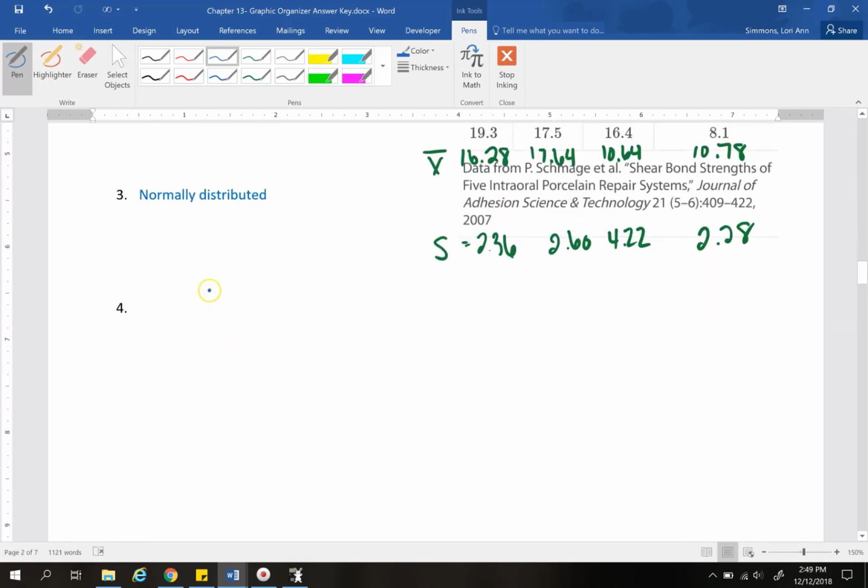And then step 4. Step 4 was stating that the largest sample standard deviation, which is 4.22, is no more, so less than twice the smallest, which is 2.28.